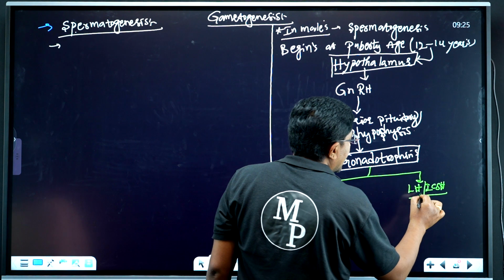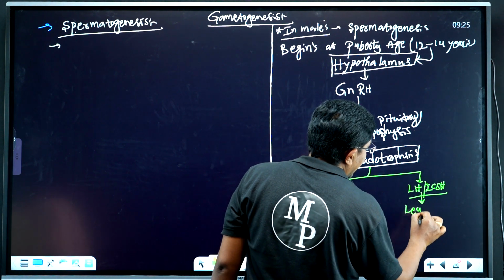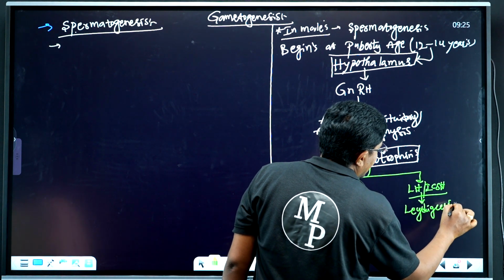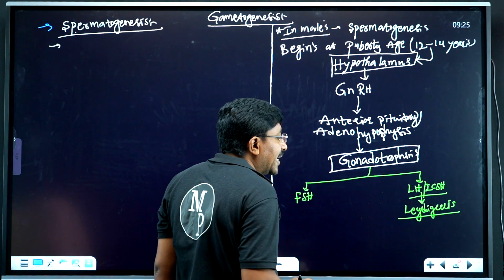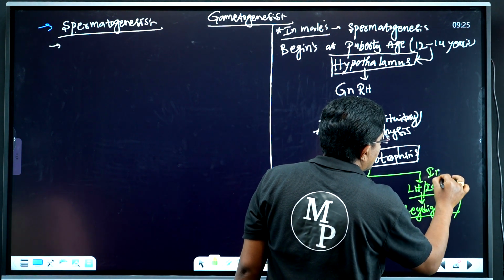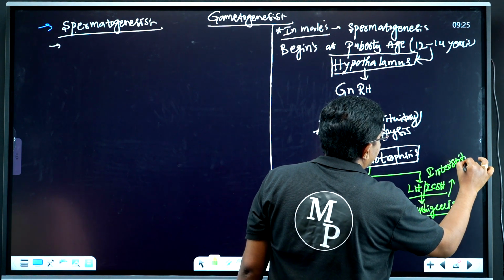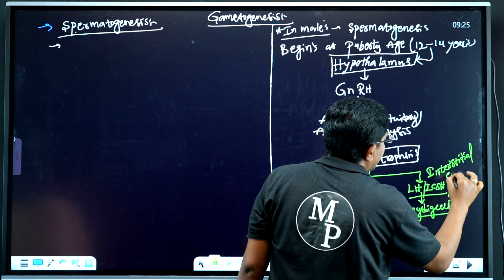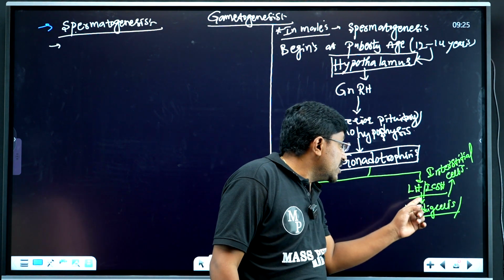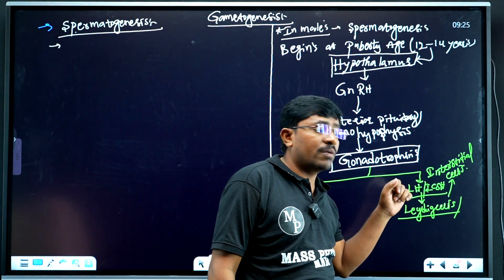The reason is that luteinizing hormone acts on Leydig cells. The Leydig cells are also called interstitial cells, that's why it is interstitial cell stimulating hormone.